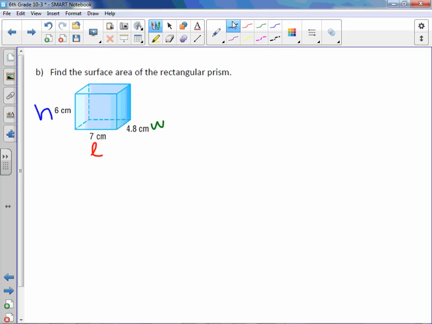Surface area equals 2 times length times width plus 2 times length times height plus 2 times width times height.